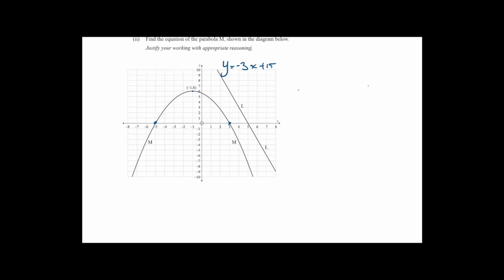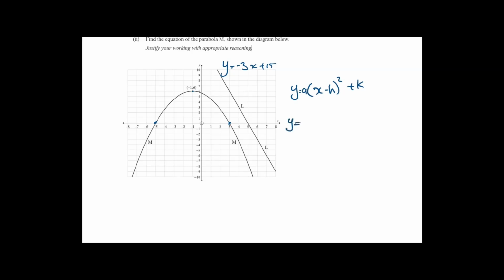We can do it using the vertex form. So y is going to be equal to x minus h squared plus k. Actually, there's a very important something that we've missed out the front there. It's going to be equal to some number a times x minus h squared plus k, where h and k are the coordinates of the turning point.